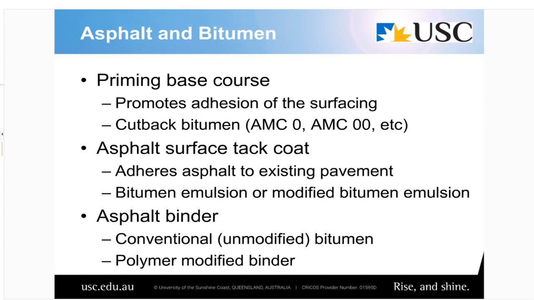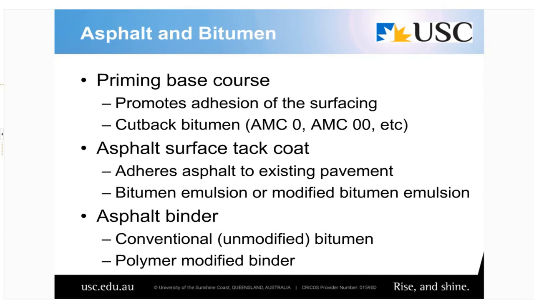So when we have a fine crushed rock or a crushed rock base course, we usually prime that with cutback bitumen. So it's bitumen essentially watered down, made even runnier, by adding in some kerosene or some other cutting material. And that helps waterproof the base course, and it promotes adhesion of the asphalt surfacing.